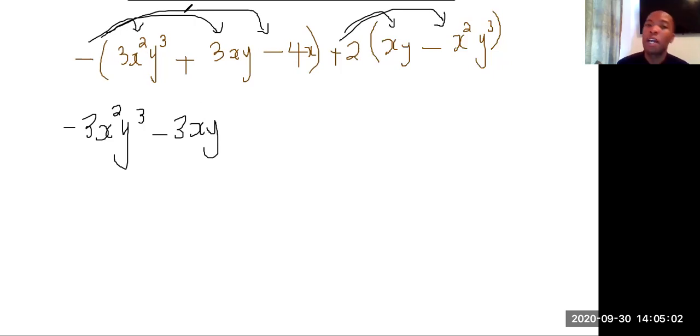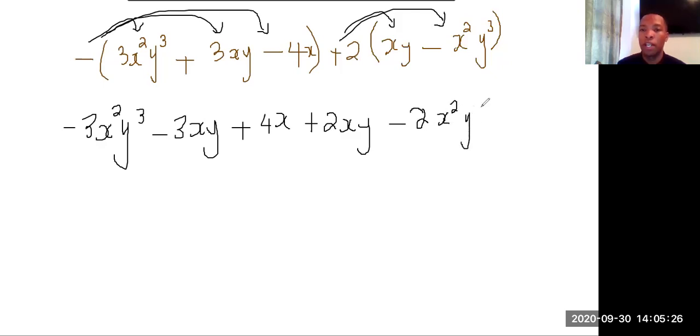And then negative times a negative 4x is positive 4x, right? And then 2 times xy is a positive 2xy. And then 2 times a negative x squared y cubed is negative 2x squared y cubed.